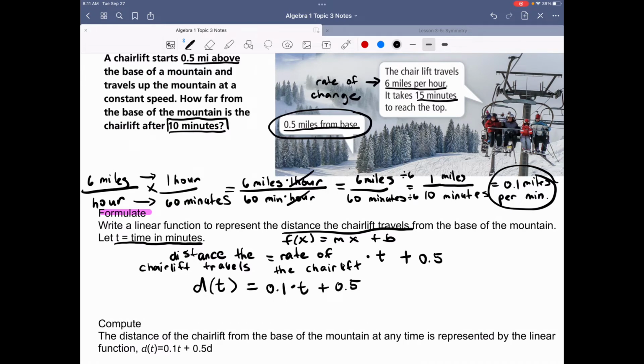From this, we can simplify that further and just say d of t equals 0.1 t plus 0.5. And so we now have the linear function to represent the distance that the chairlift travels from the base of the mountain.